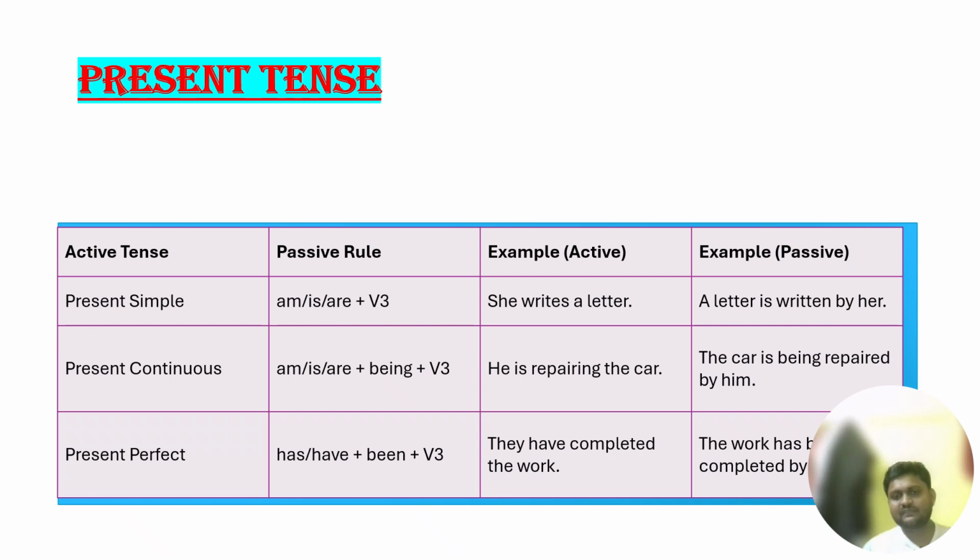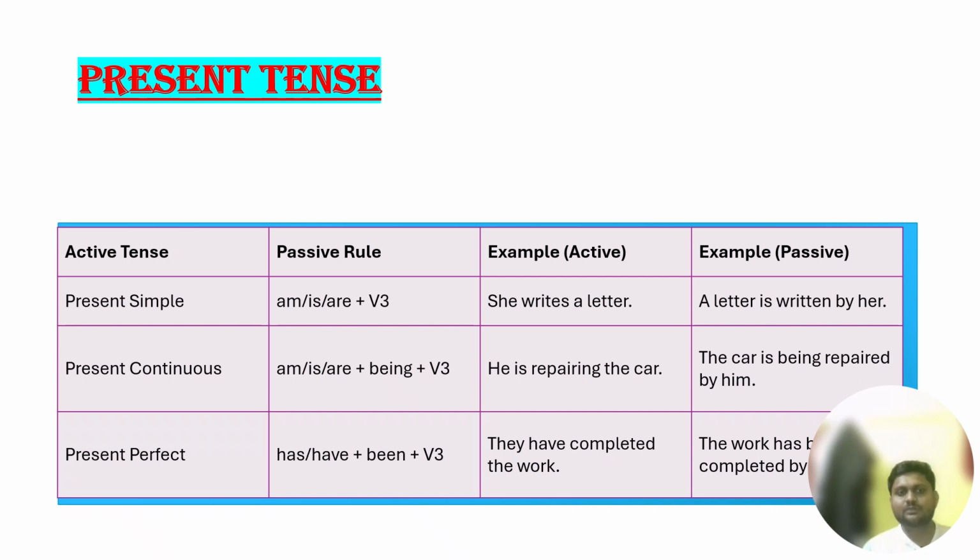For example, if a sentence is she writes a letter, then its passive form would be a letter is written by her. As you can see in the sentence, we have used written, which is the verb's third form, and there is also the addition of is.